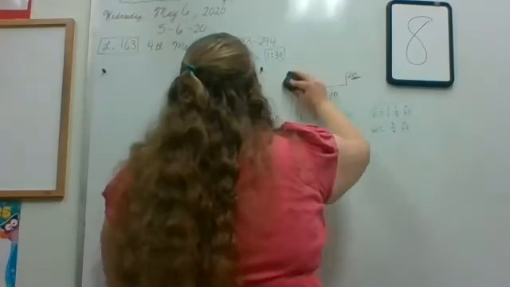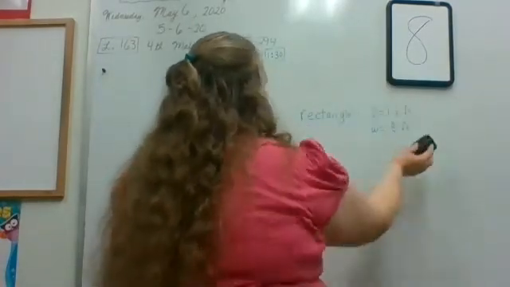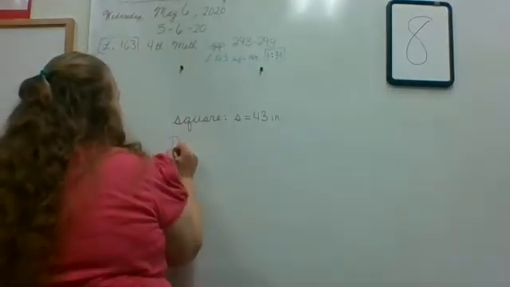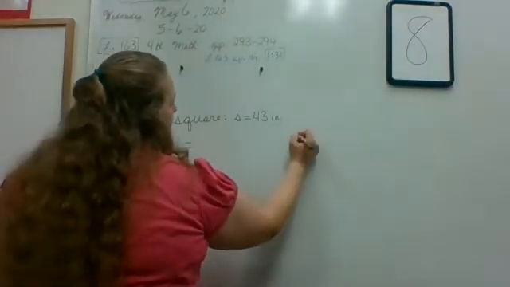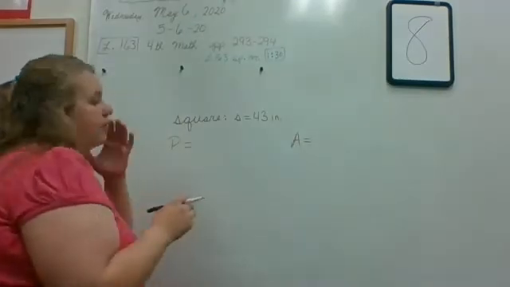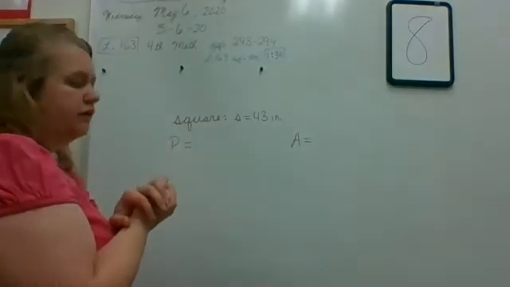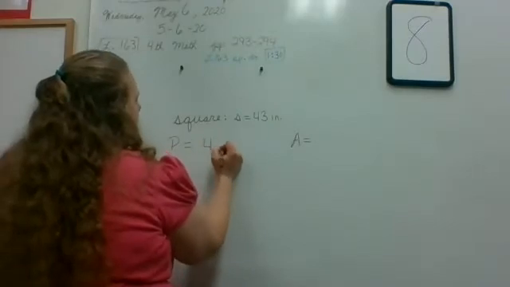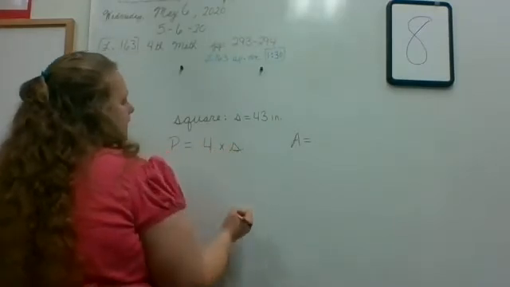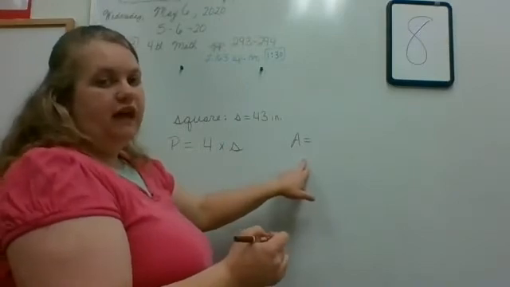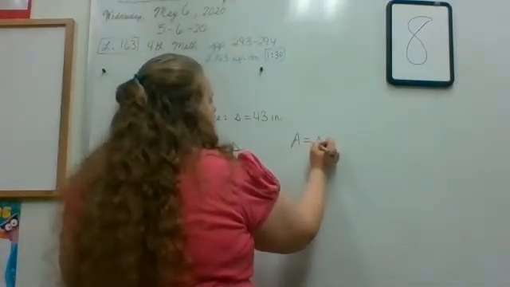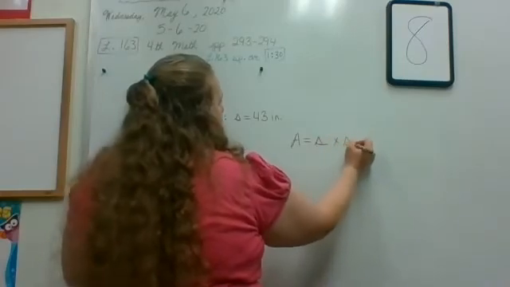So we did that, and we've done this one for area and perimeter. So we're going to do perimeter and area for this one, all right? What is our formula for perimeter of a square? P equals 4 times side, right? What's the area formula for a square? A equals side times side.